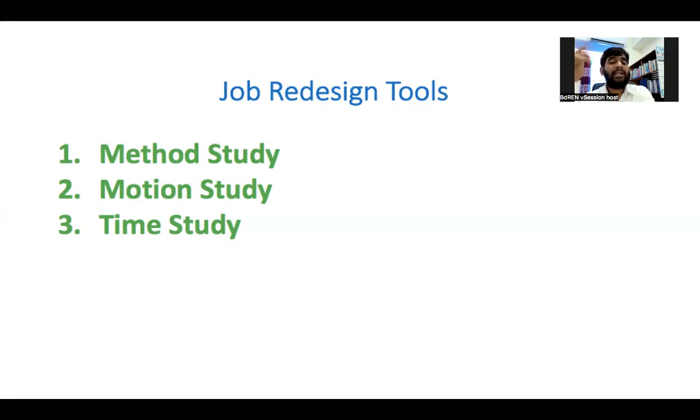If you link with the stock exchange or investors, then productivity means improving profit, sales, profitability, and the stock price. So method study means you will study the method of doing the job and try to improve it.